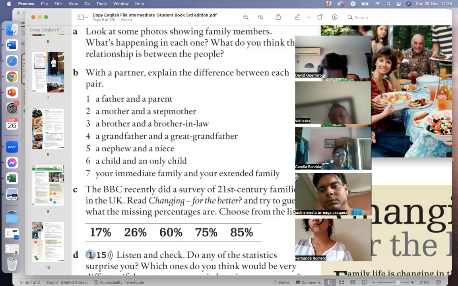David. I think the brother is your biological brother, like the other son of your father and your mother, both biological, and the brother-in-law is like hermanastro.